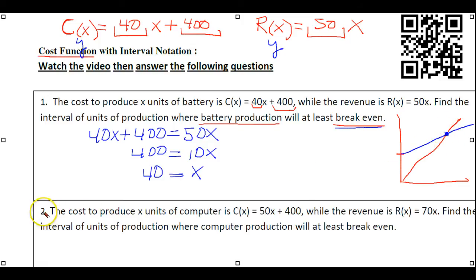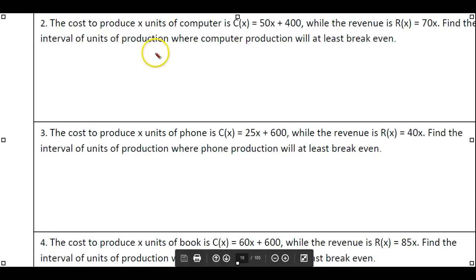Now, number 2 is very, very similar. I won't go through all the background, but basically it's 400 here, and it's 50x there. That is your cost. Equals, now you're selling things for $70, so that's going to be a better deal here.